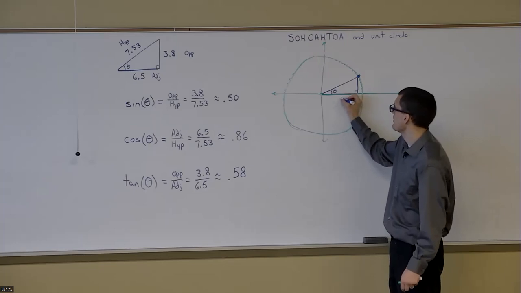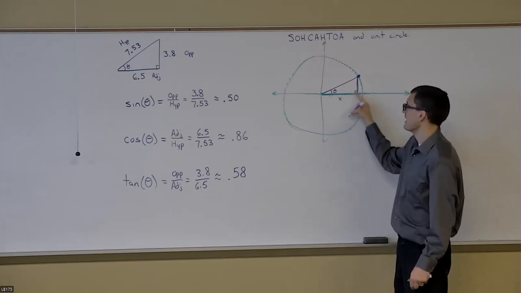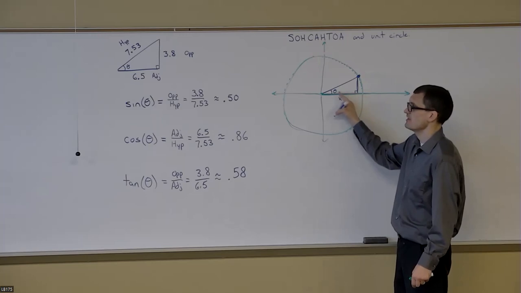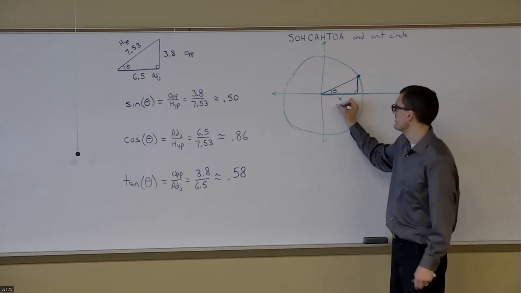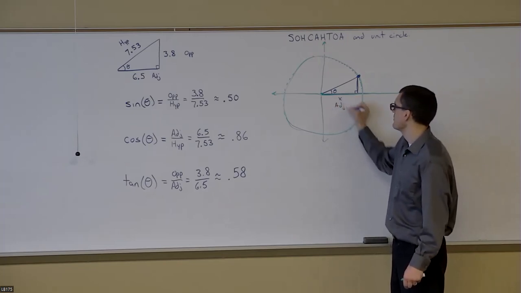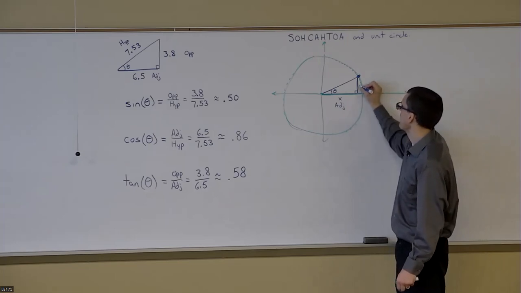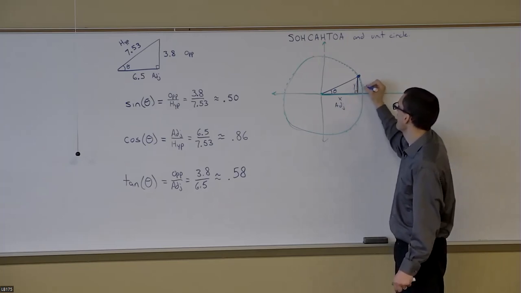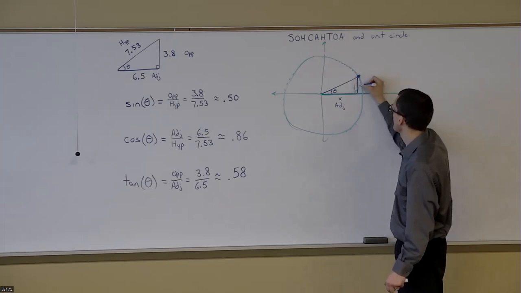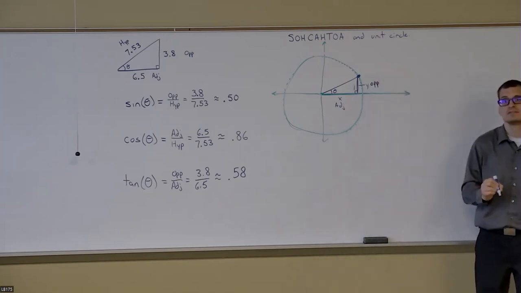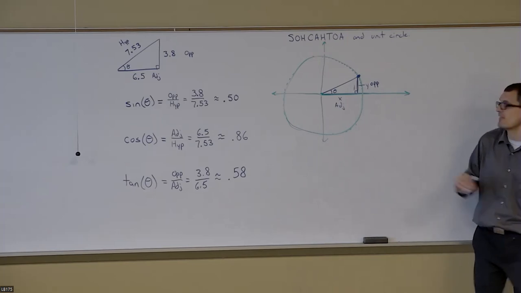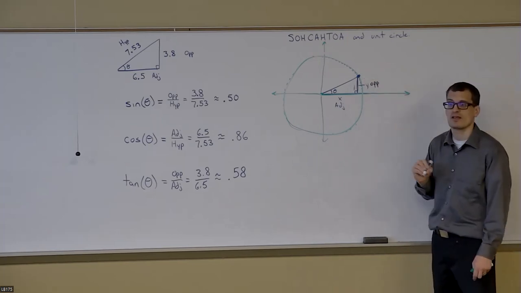The x value is the length of the adjacent side, right? So the x value is the adjacent side. The y value is the length of the opposite side of that point. Okay.